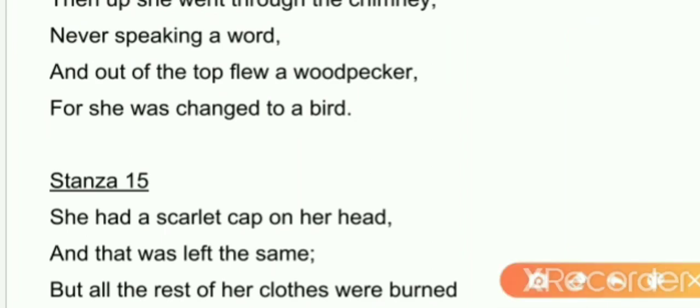Okay, dear students, here the rhyme scheme is same, A, B, C, B, right?